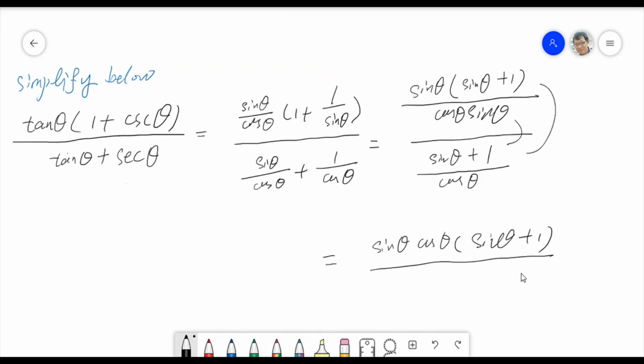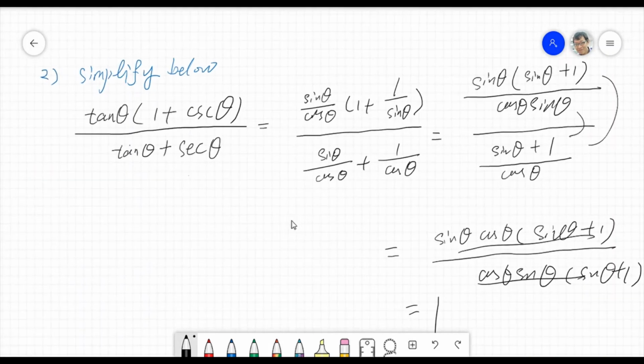And below is cosine theta sine theta and sine theta plus 1. Oh my god, they're the same. So happy for that, right? So it equals 1. So you see it's very interesting to calculate this way.